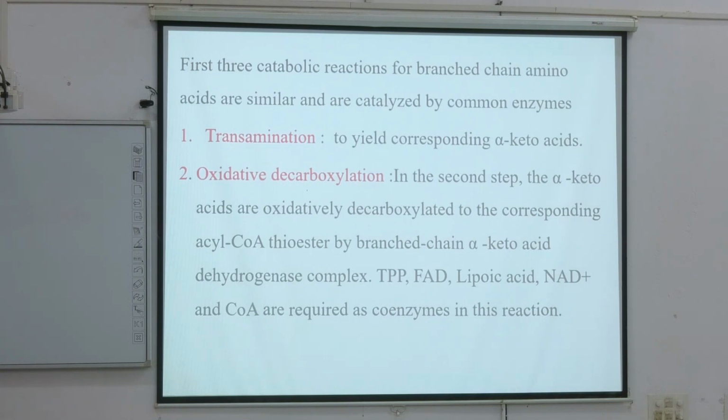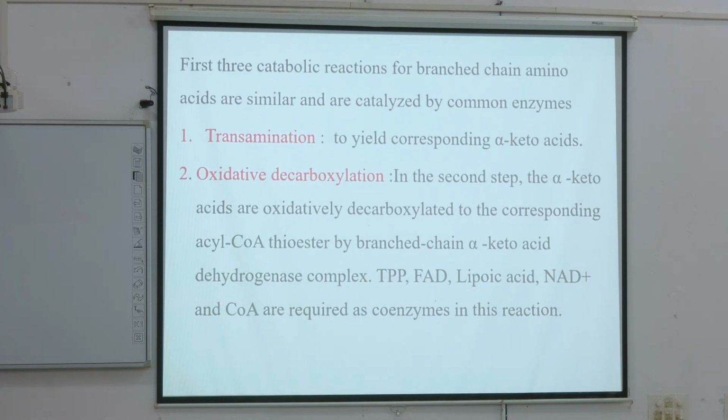And the second one is oxidative decarboxylation, in which alpha keto acids are oxidatively decarboxylated to the corresponding acyl CoA thioester by branched chain alpha keto acid dehydrogenase complex. Thiamine pyrophosphate, FAD, and lipoic acid are required as coenzymes for this reaction.